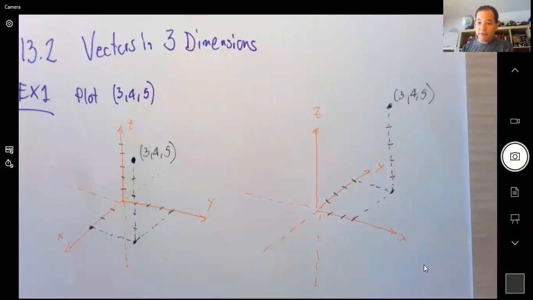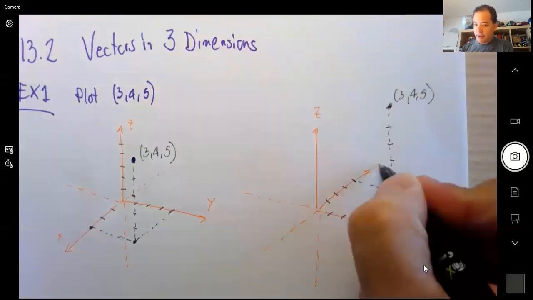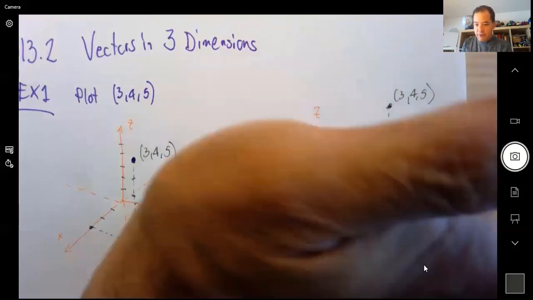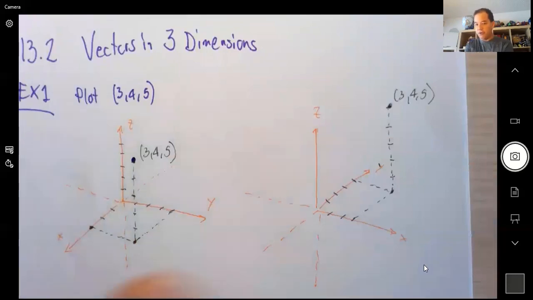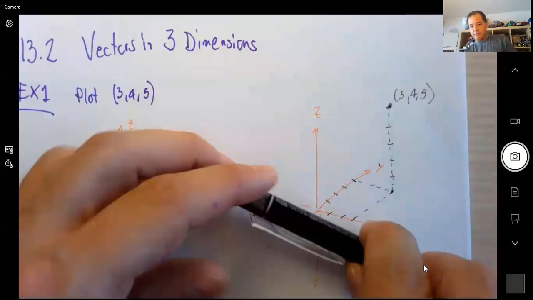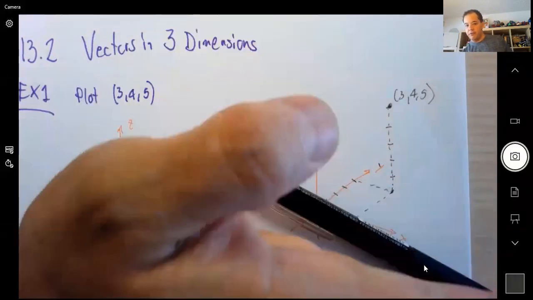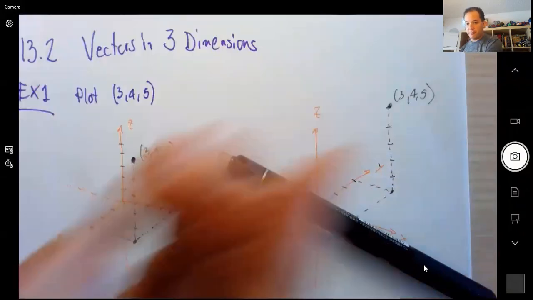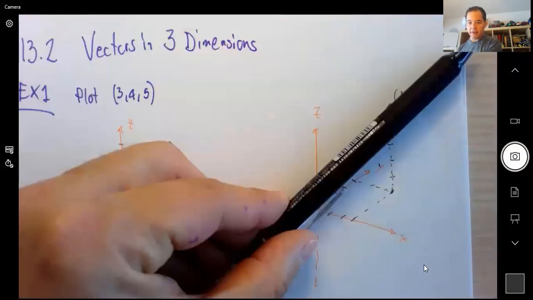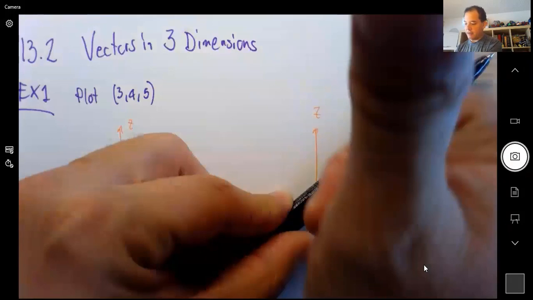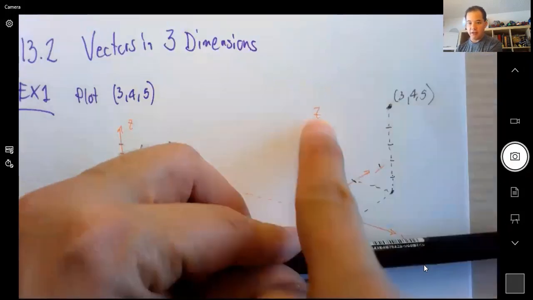Now, the important thing, and that's where you use the right-hand rule, is in how to label them. Right now, it's hard for me to show my hand, but imagine that my fingers are going this way, and I'm going from X to Y. So I'm going from X to Y, and then my thumb is pointing in the direction of Z, right?